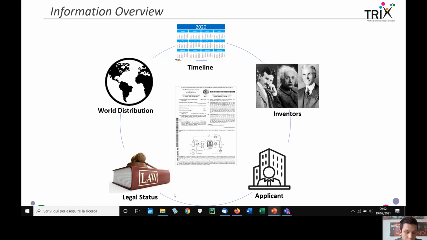The status of the patent procedure, whether it is dead or alive, has lapsed, been revoked, has expired, granted, or is recent and is still awaiting grant. Finally, what is the worldwide distribution? What are the other documents that are part of the patent family, and in which countries of the world is protection also active?